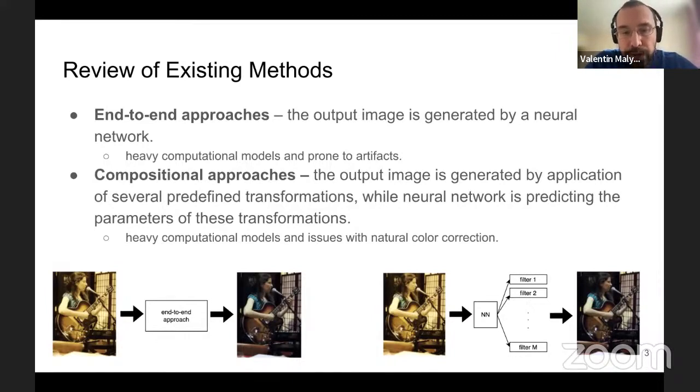The idea of compositional approaches is that we have some predefined transformations, which we use in some not predefined order. So we can choose an order for the transformations and maybe some other parameters, and we hopefully get the same result as the huge models, but with much less computation.